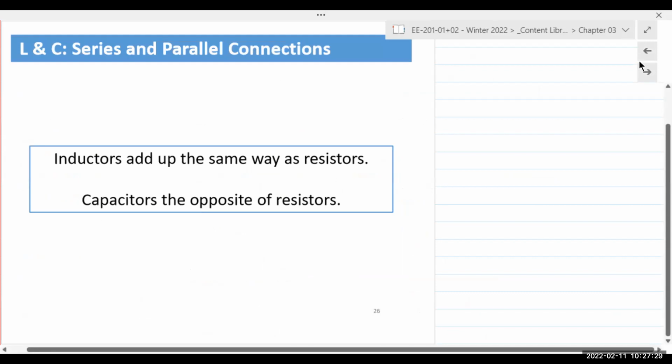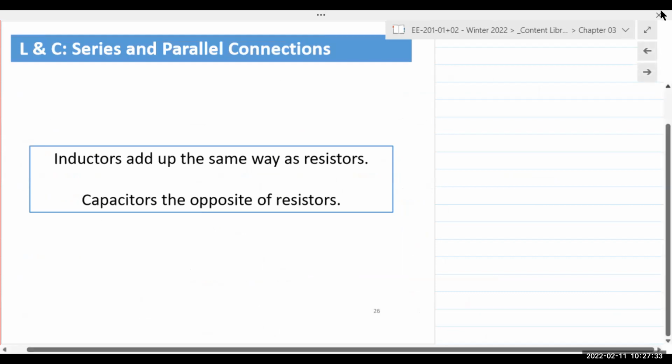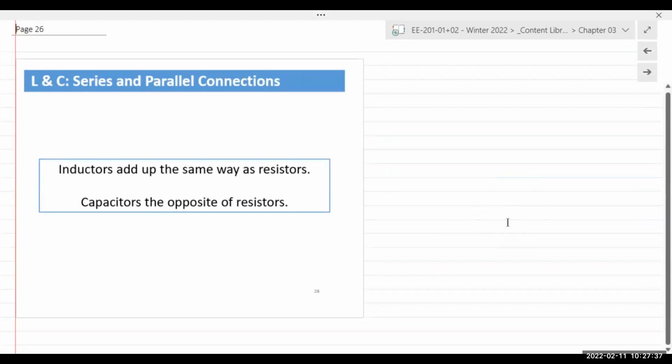All right, to add up capacitors and inductors in series and parallel, inductors add up the same way as resistors, capacitors the opposite. So if we have two or more inductors or two or more capacitors in a circuit, and if they are connected in a manner that is reducible, we can simplify our analysis.